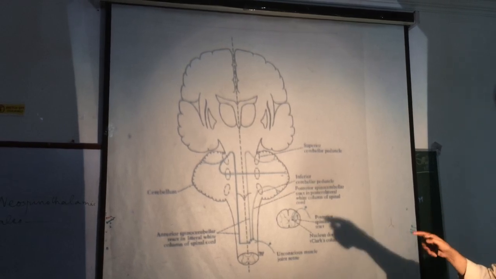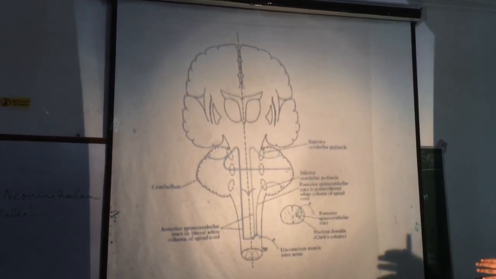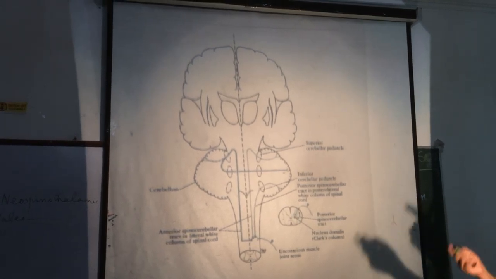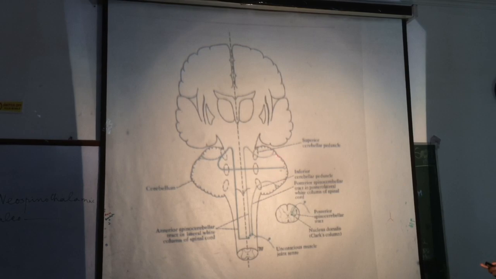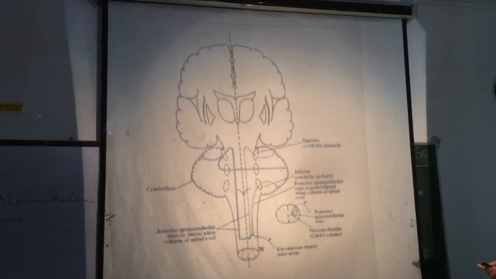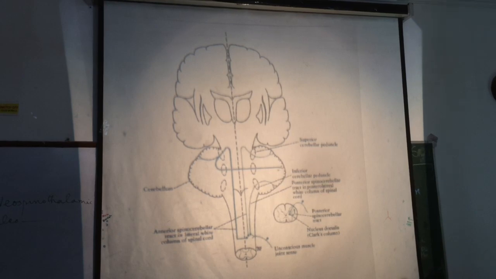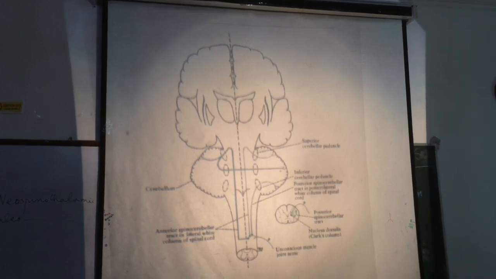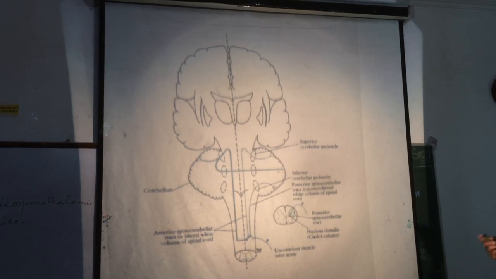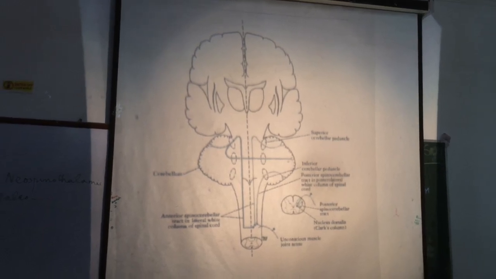Keep in mind, crossing occurred in the spinal cord, and the fibers which cross over in the spinal cord cross back and then terminate in the cerebellum, in the vermis and the intermediate zone on both sides.